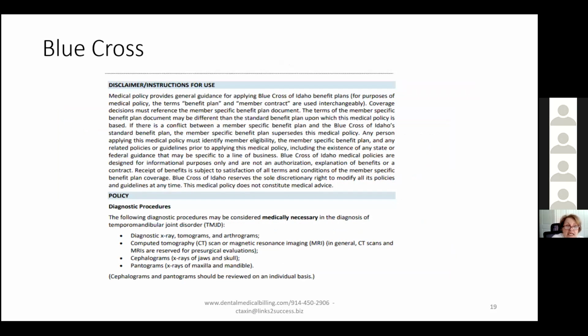So Blue Cross has pretty much a similar plan. They actually even added more diagnostic procedures. And it doesn't mean that they will pay for some and United Healthcare will pay. The point I'm trying to make is that it's becoming standard. And diagnostic x-rays, tomograms, arthrograms are all considered medical necessities.